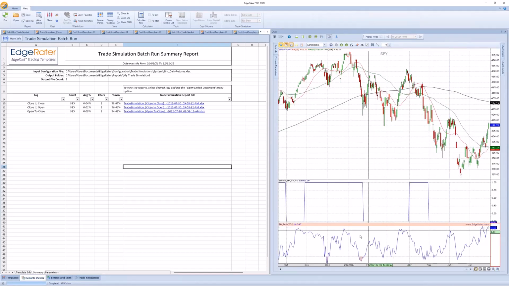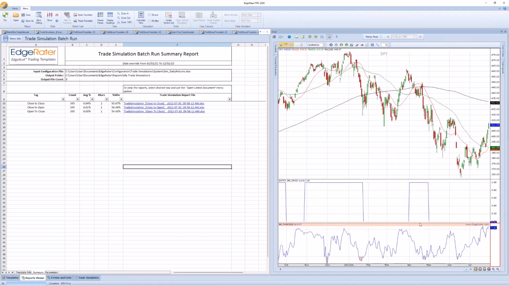So you could create a tag file, for instance, that has %B ranges, greater than 1, less than 0, anything in between, and then run your tagging using that tag file. And then it will break down the gains into where the indicator was, or the range of that indicator on each of those bars.